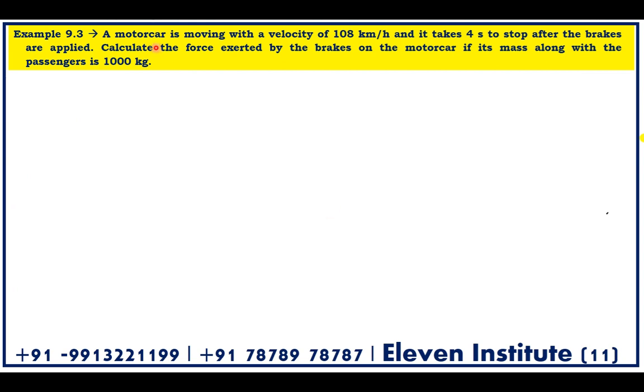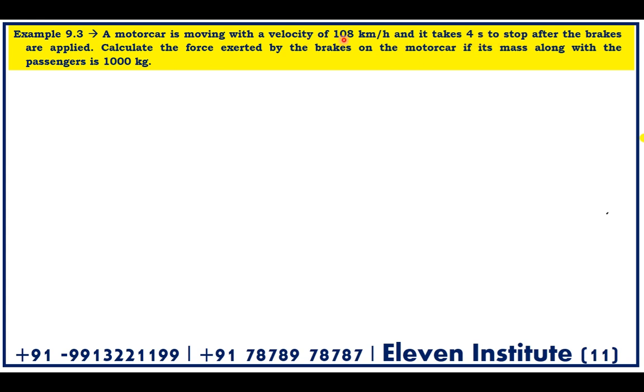A motor car is moving with a velocity of 108 kilometers per hour. So 108 kilometers per hour will become our initial velocity, right? But the velocity is given in kilometers per hour, and when I see ahead, the time is given in seconds.